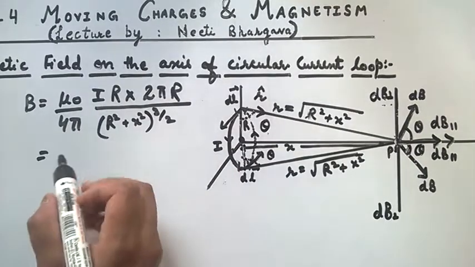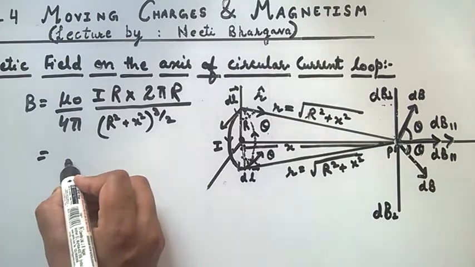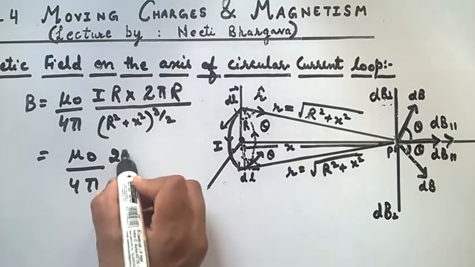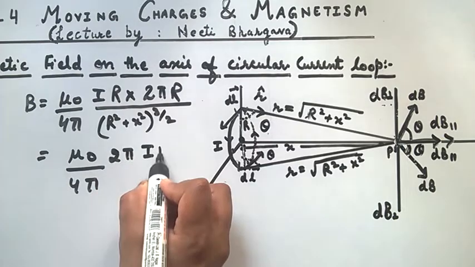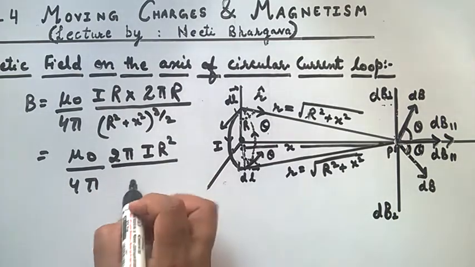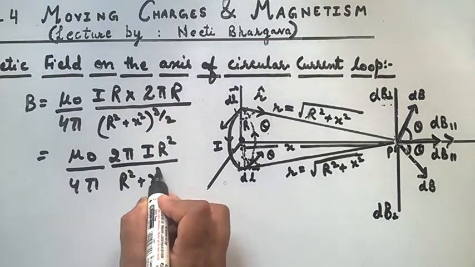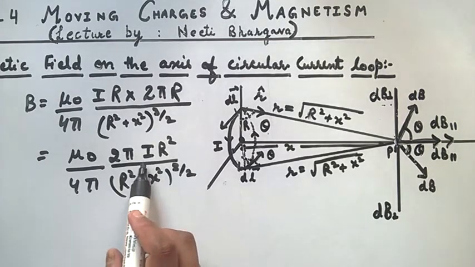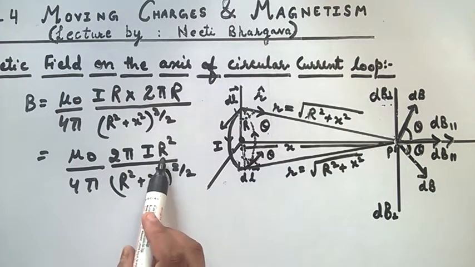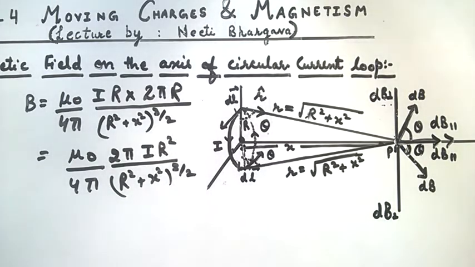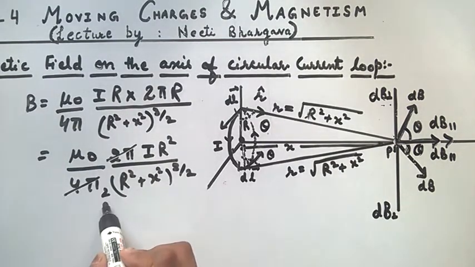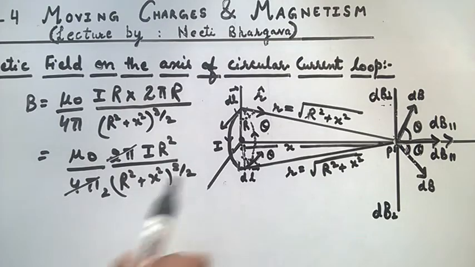It can also be written in this form: mu naught by 4 pi, 2 pi I R square by R square plus x square. Now here we can see that 2 pi into I R square, we can write it in this way also, that is mu naught upon 2, I R square, R square plus x square whole power 3 by 2.